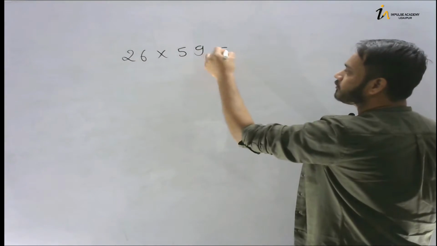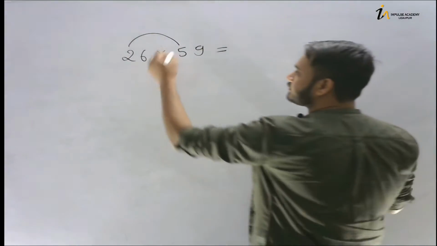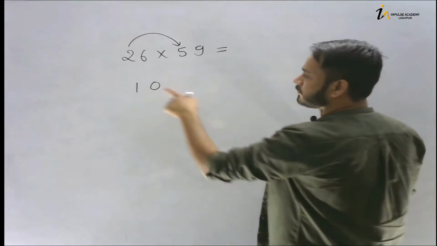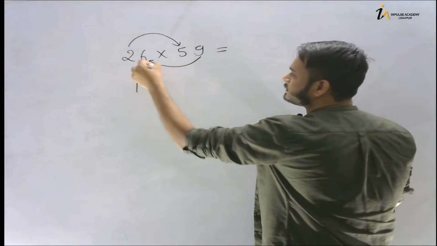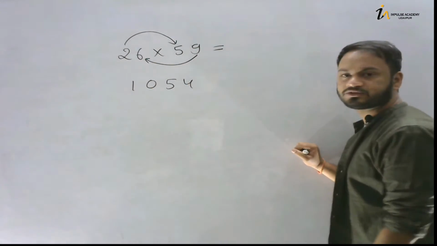If we want to do this calculation in a very quick way, we just multiply 2 into 5, that is 10. You need to write it like this. Now 6 nines are 54, so 1054.